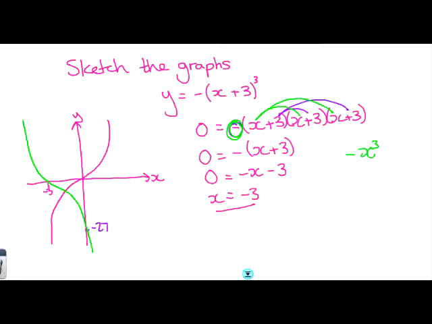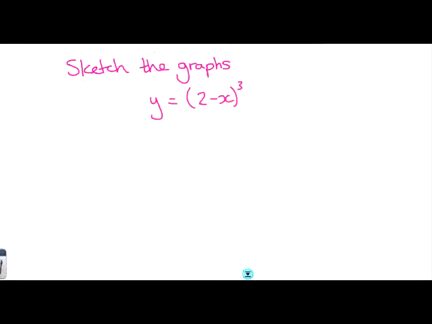Let's try one more. Okay, so this is round the other way, so this could be a little bit more confusing. So let's solve it. I'm not going to write it out the other 2 times because I'm just going to ignore them anyway. So if I was to solve this, I'd have x equal to 2.